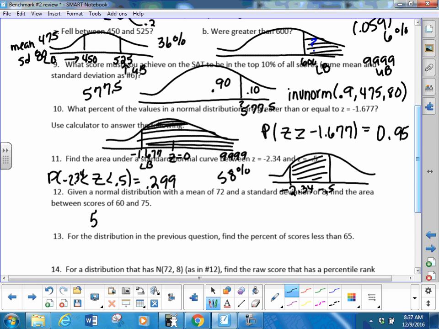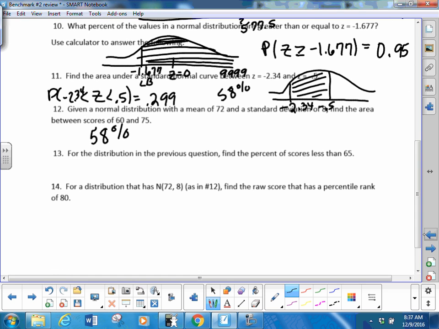I think we've worked enough of these. The answer to 12 is 58%, and you do not have to use a z-score. You can just put your data in. The answer to 13 is 19%.